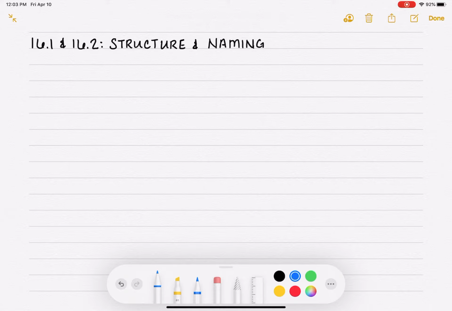So let's start by drawing an aldehyde. I'm going to draw a generic representation of an aldehyde.